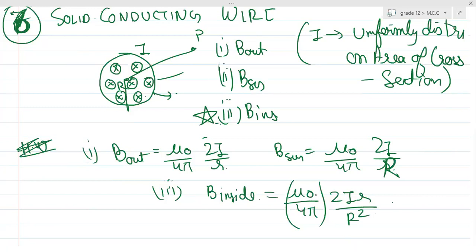Okay. Is this clear, guys? Yes, sir. In the next class, we'll do some more questions based on Ampere's circuital law, and then we'll start with electromagnetic induction. Is it fine now? This is pretty good practice, but this is just an application. This is not a question, right?